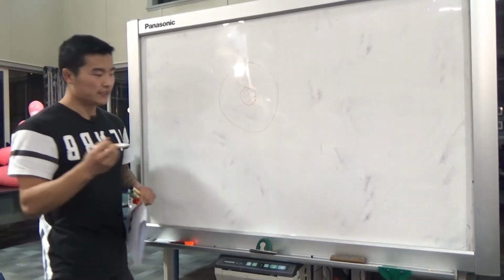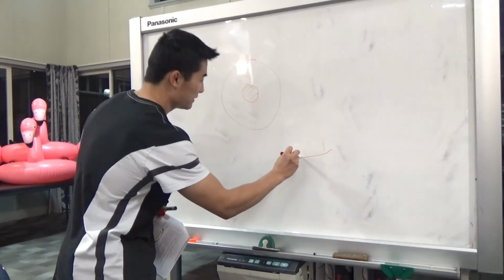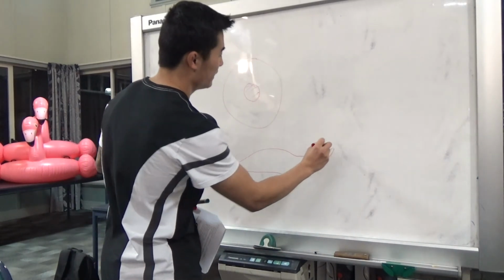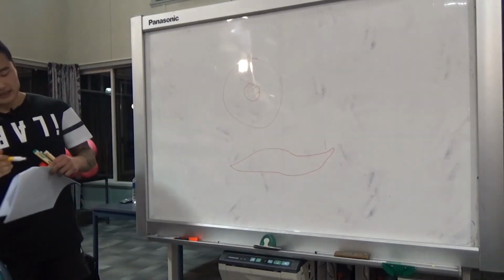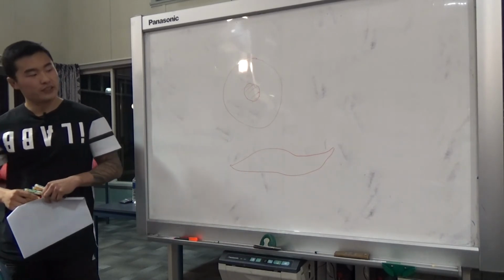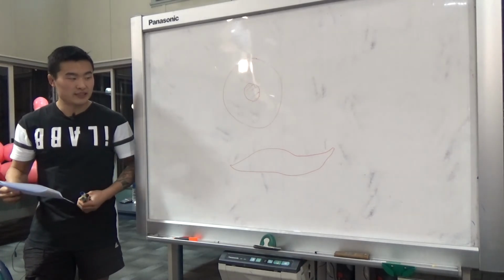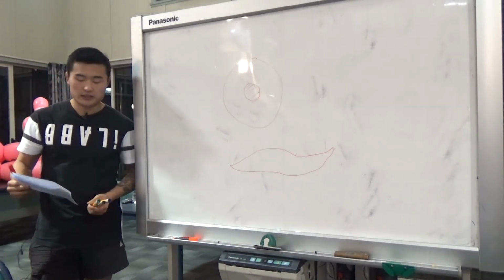But if you have sickle cell anemia, it's going to be very flat and stiff, so that's going to get stuck in your capillaries, and if that happens, that's not a good thing.